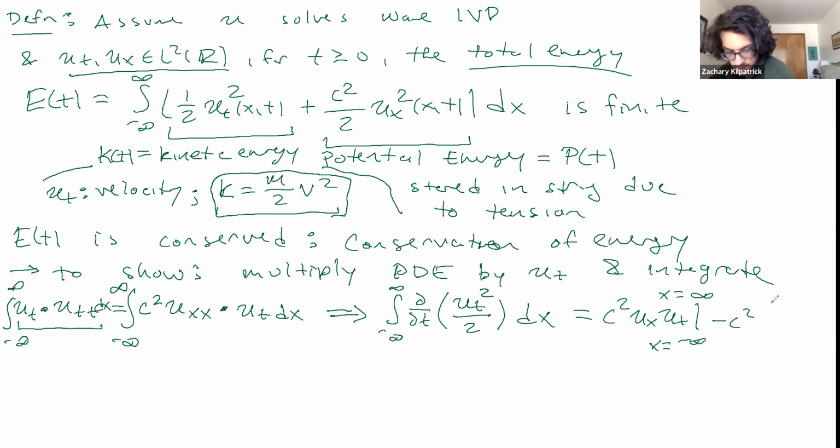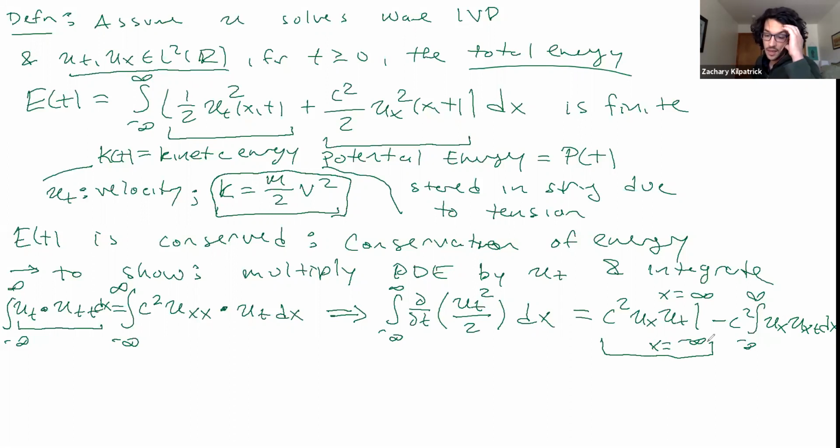Subtract from that c squared, the integral from minus infinity to infinity of u_x u_xt dx, okay? Just again, the result of integration by parts. Now, this term could be problematic if I don't have a solution that's compactly supported.